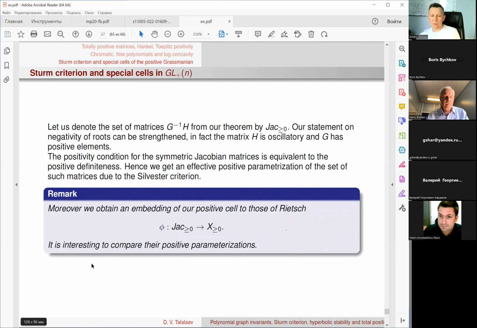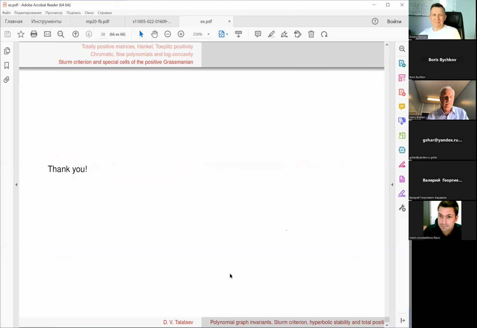So we parameterize the same object as the positive cell of Ridge, and we have such an embedding of our positive cell into the positive cell of Ridge, and it is an interesting task of totally positive geometry to compare the positive parameterizations. Okay, thank you very much.